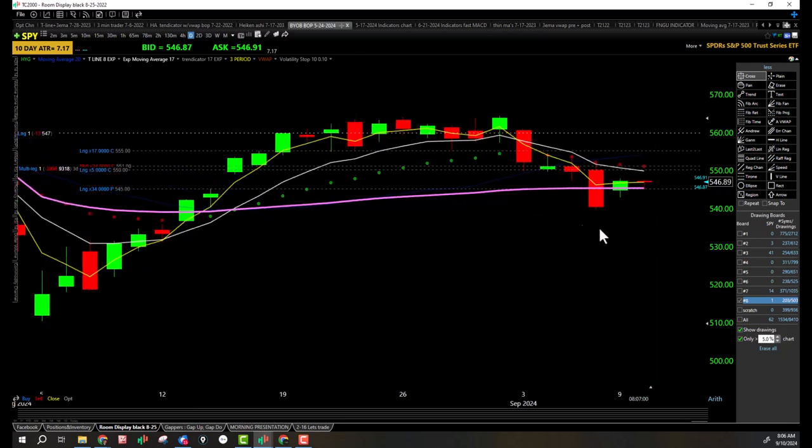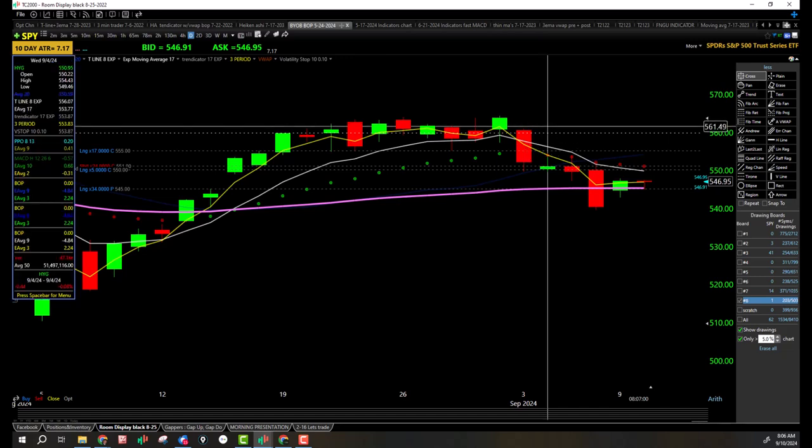All right, so what we had here yesterday, you see we got a consolidation, then we had a pullback, got a big red igniting candle, a couple of pause candles, and then another big red candle right here to kind of signal a possible end to the move. So we're looking to come all the way back up to 550 and then start climbing this breakdown candle high, which is probably 561.50 right up there.